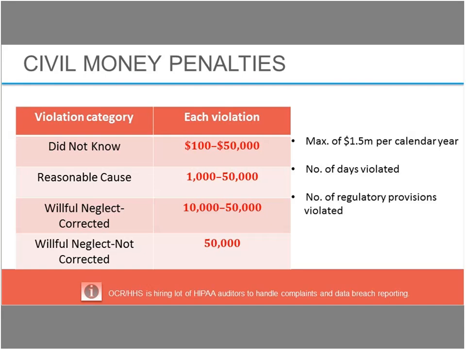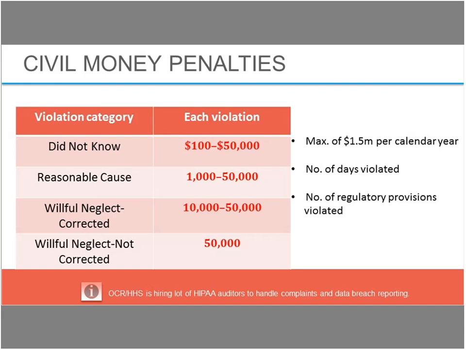And one more thing I just wanted to bring up here is OCR and HHS. We've been following OCR and HHS pretty closely, and they are hiring a lot of auditors to go after the entities who have complained about or filed a data breach report.